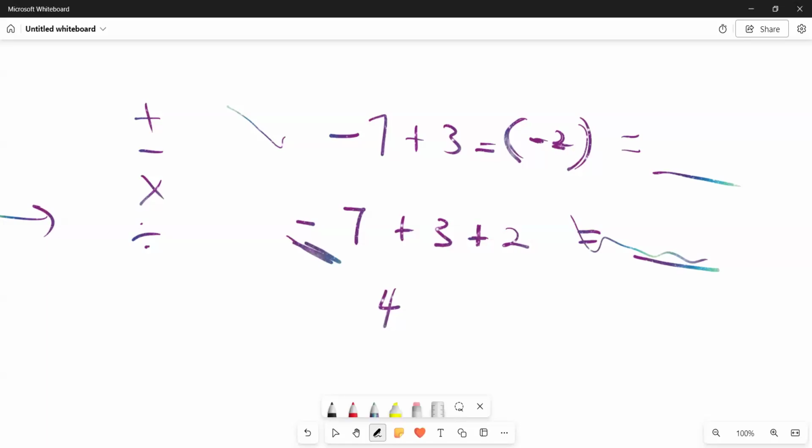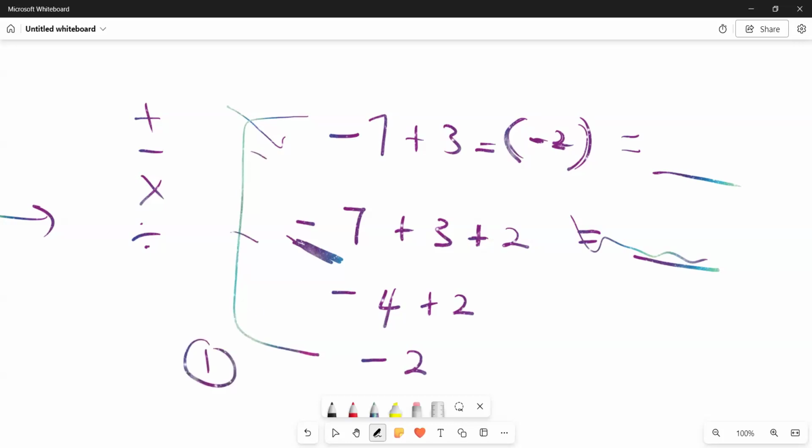The sign on the one with the larger magnitude is negative, so -4. Then you put the +2 at the end there. Again, you repeat the procedure. The signs are different, so the answer is 2, and the sign on the one with the larger magnitude is negative. If you see a problem like this in CXC, they give you 1 mark. Why are you doing 1, 2, 3, 4 steps for 1 mark?